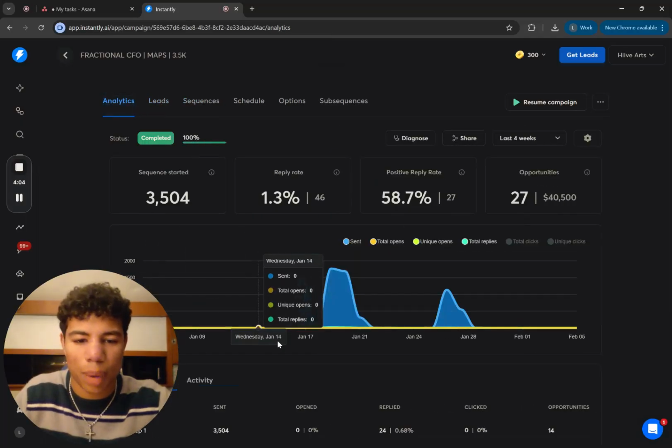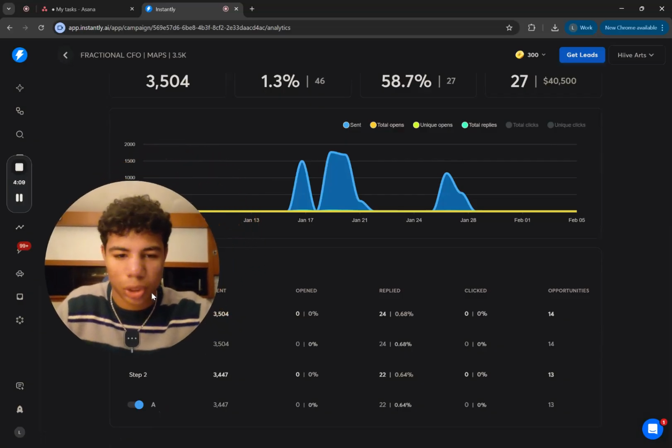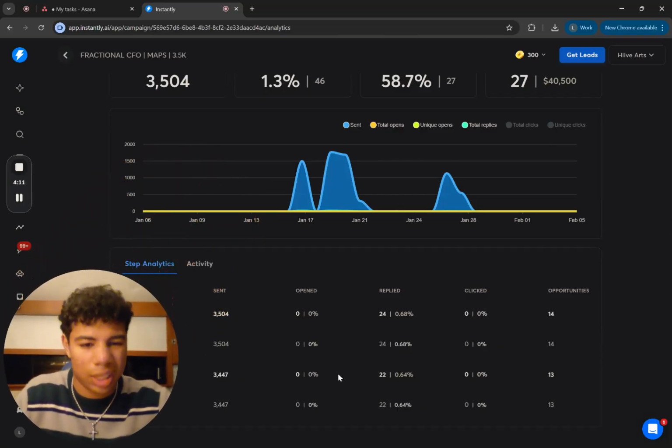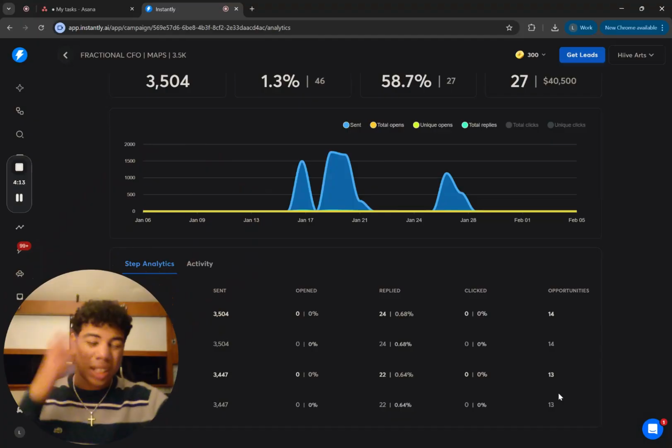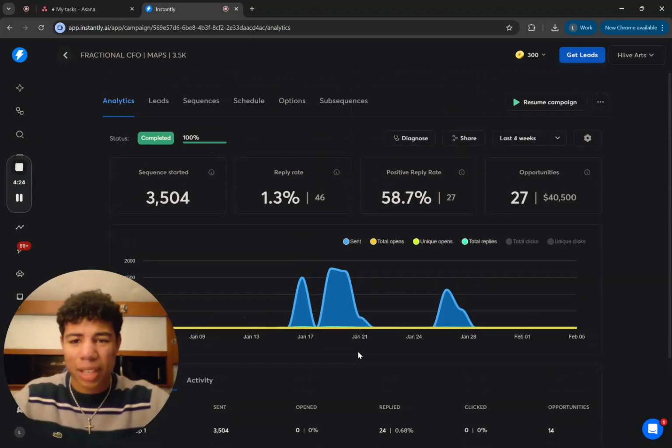The follow-up actually got about the same amount of opportunities as the initial email, which is quite cool to see. That happens in a decent amount of campaigns when you have a really good first message and then a good follow-up that makes them read the first message. So a good follow-up definitely made a difference on this.